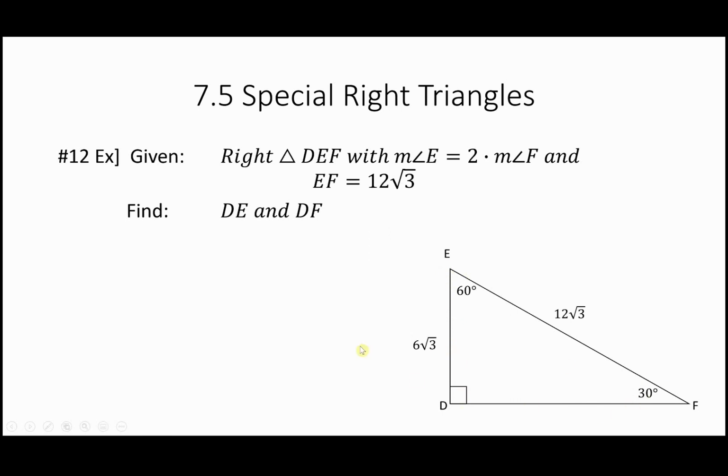Now, how do we use this 6 root 3 in order to find the value of DF, which is the longer leg? Well, we have to take the shorter leg value of 6 root 3 and multiply it by root 3. So what does that look like algebraically? Well, here it is. Here's 6 root 3 multiplied by a root 3. Those root 3's get multiplied together, and they become a 3, right?